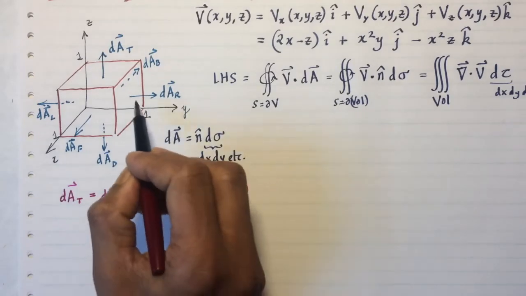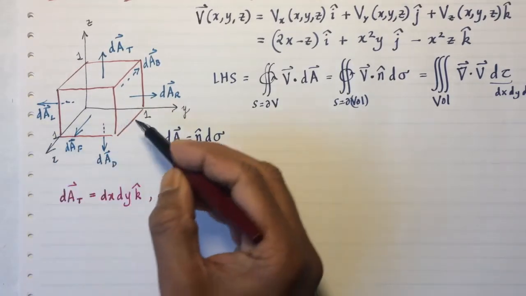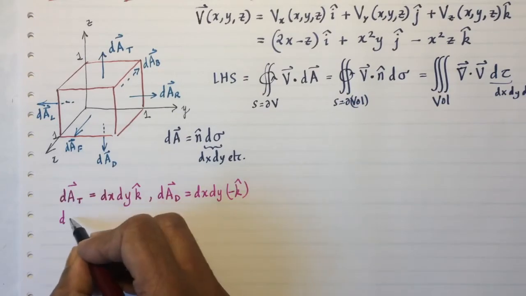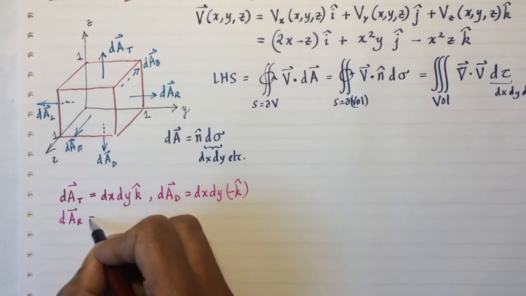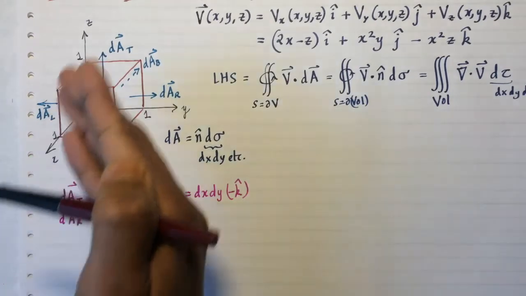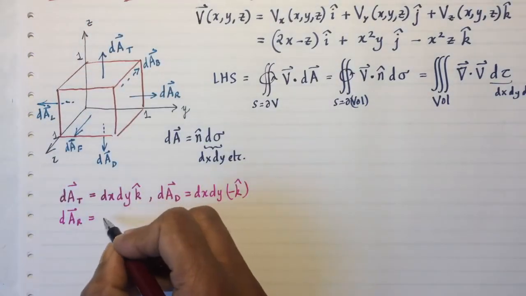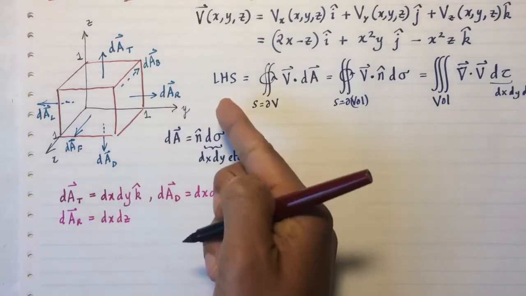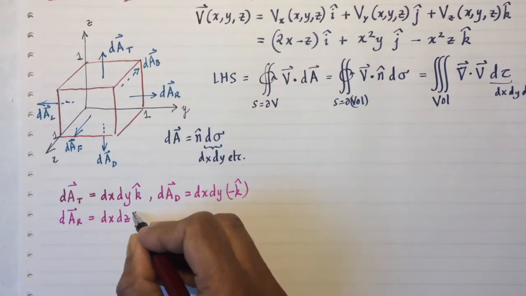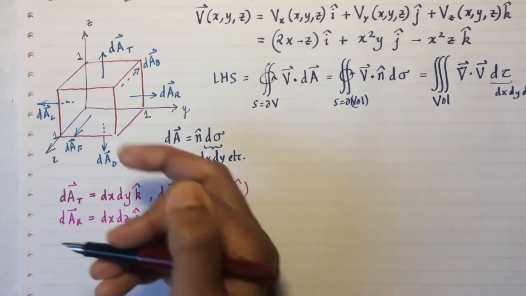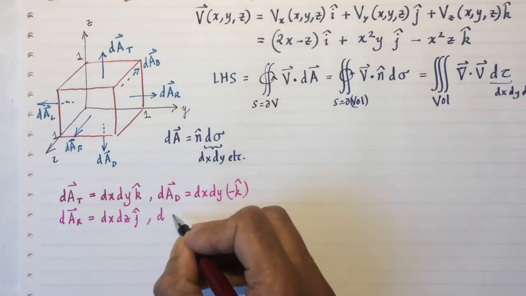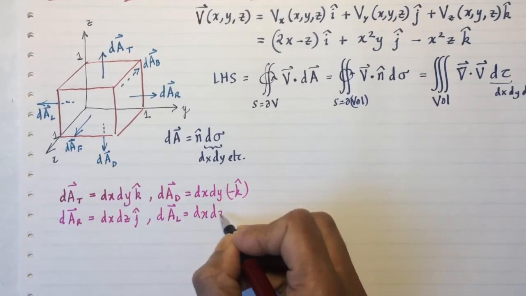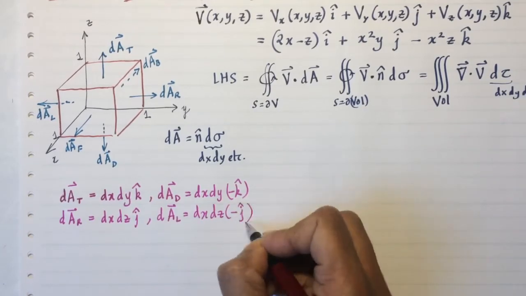Now I have to do the right and the left, and then front and the back. So dA right, the right face is parallel to the xz plane. So it's going to be dx, dz in the direction of j hat, and then immediately do the other one, which is the left, dx, dz in the negative j hat direction.